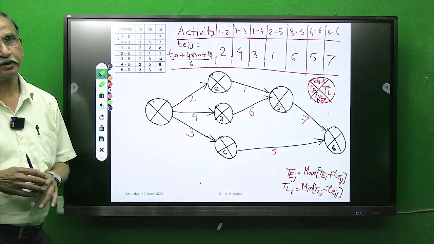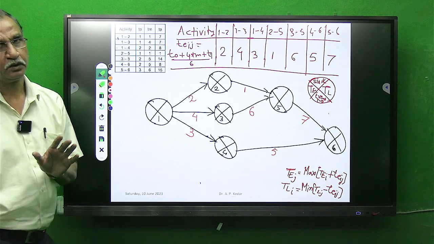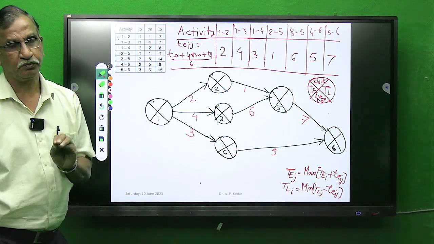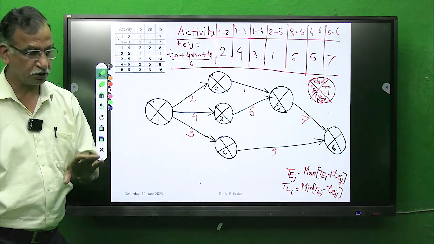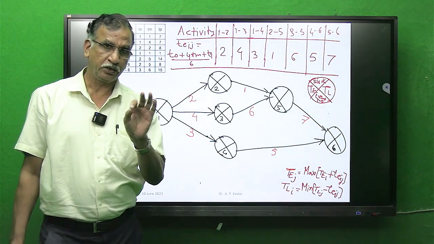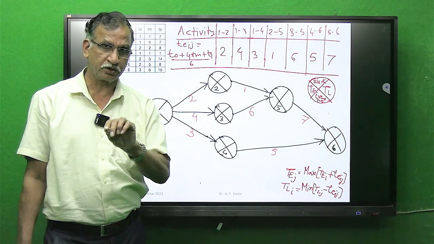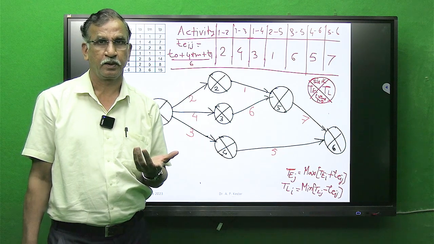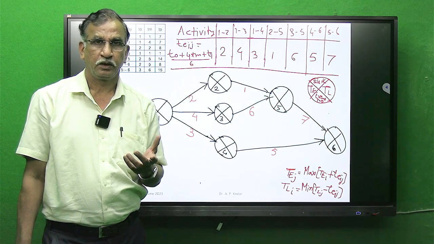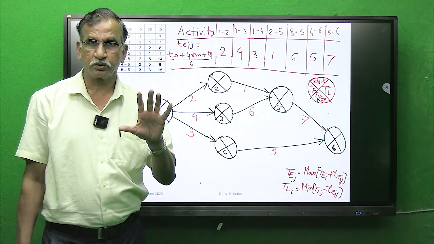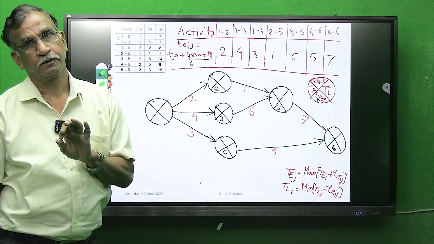So what is the requirement? In PERT, find activity time from the given relationship, that is TEIJ is equal to TO plus 4 times TM plus TP by 6. Then I have explained the steps also.